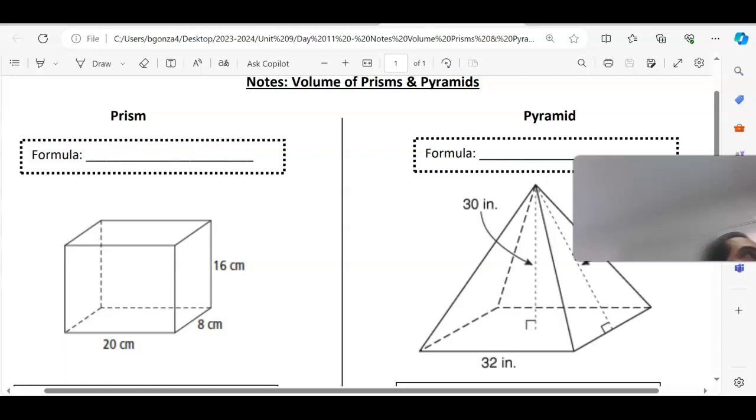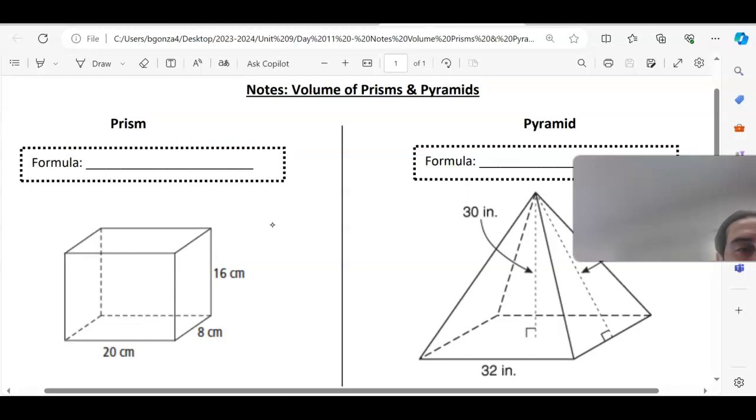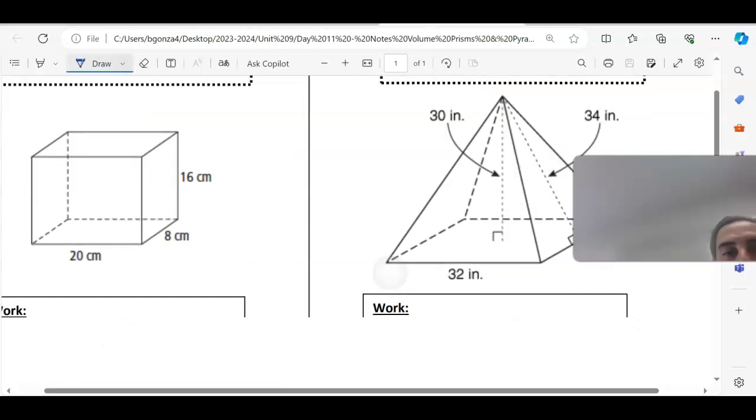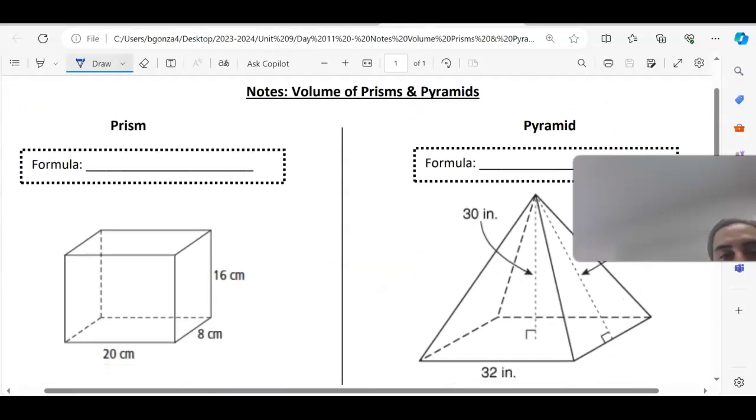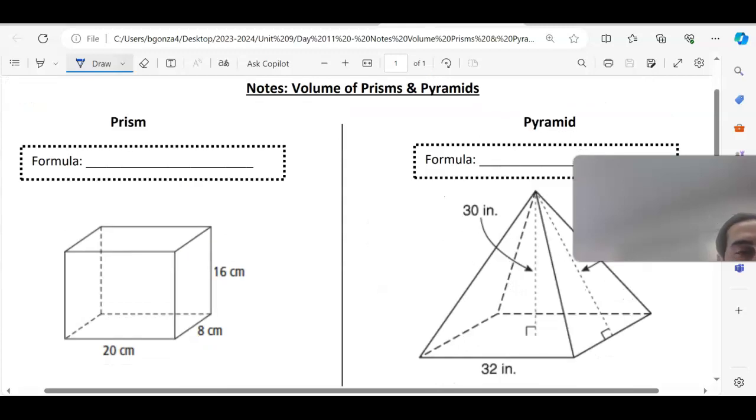Now, let's remember something here. Volume of prisms and pyramids. Let's go ahead and write some formulas down. Ready? So for a prism, this is going to be very reminiscent, very similar to a cylinder.